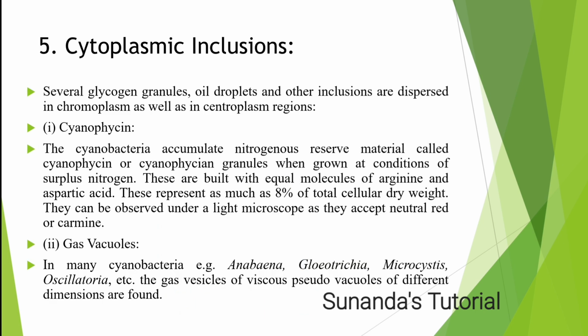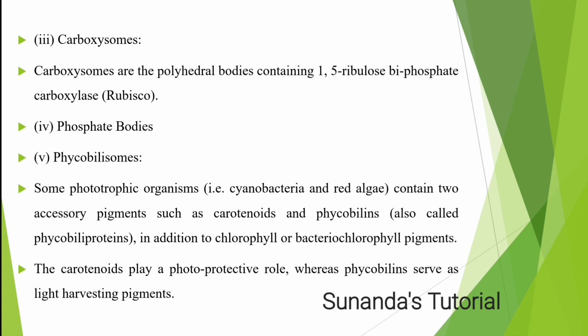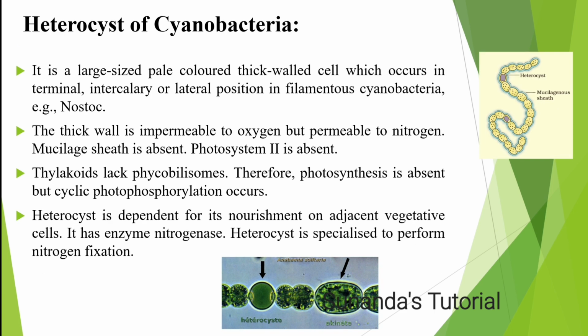Next, cyanobacteria have some cytoplasmic inclusions, like reserve food material called cyanophycin. Some cyanobacteria have gas vacuoles. Next, some have carboxysomes, carbohydrate bodies, then phosphate bodies, then phycobilisomes. Okay, these are some cell inclusions.